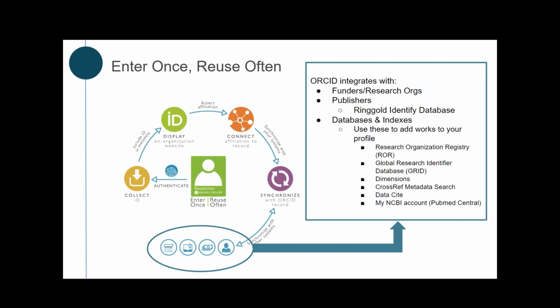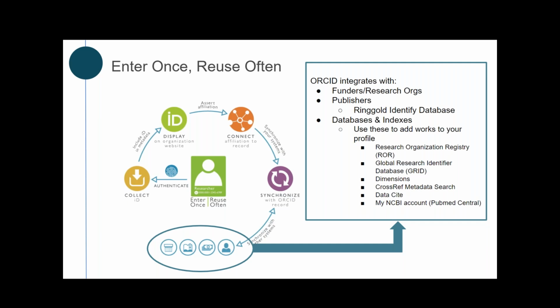So here on the right-hand side, I've listed just a few of the systems that are integrated with ORCID. I'm going to call out just a couple of them because we're going to go into depth a little bit more in some of these. Ringgold is an organizational identifier database that is used primarily by publishers.